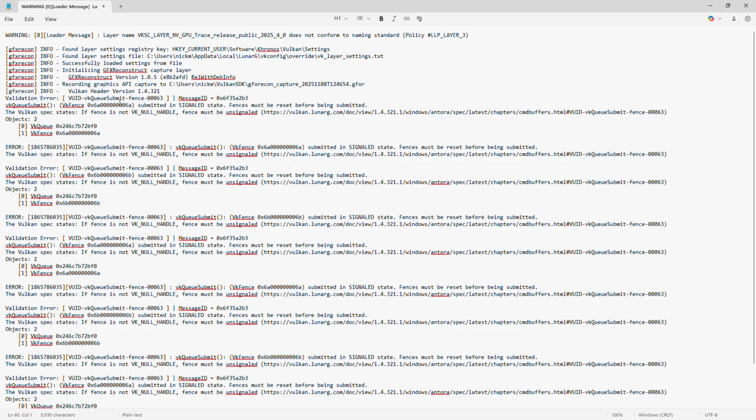But if we look here: vkQueueSubmit submitted in signaled state. Fences must be reset before being submitted. Vulkan states the fence must be unsignaled. Okay, Vulkan is going to be opaque as it is, right? VkFence submitted in signaled state. Fences must be reset before being submitted, right?